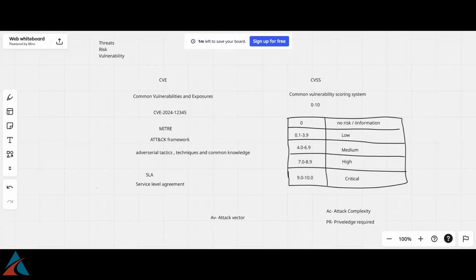How many days does a team have to fix a vulnerability? That is what SLA is. It is an agreement between you and your customers, your stakeholders. For example, let's say you order something on Uber Eats, which you have in the US, and it shows a delivery time of 30 minutes.